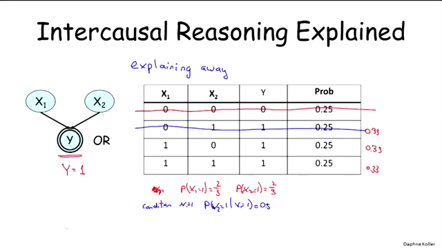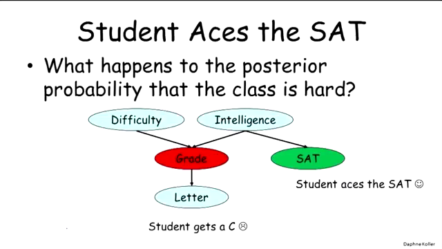You're very sick, you're very worried, you don't know if you have the swine flu, you go to the doctor, and the doctor says, oh, don't worry, it's just a common cold. You don't know for sure that you don't have the swine flu, but because you've explained away your symptoms, you're not worried as much anymore.